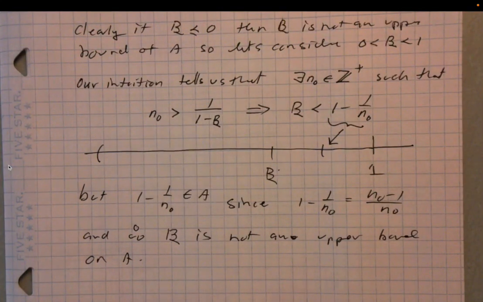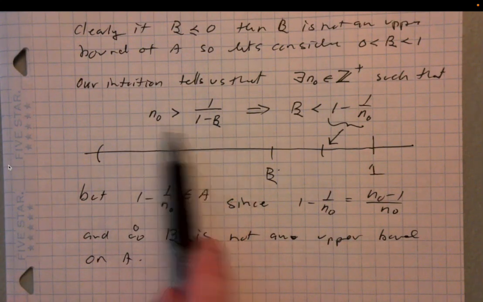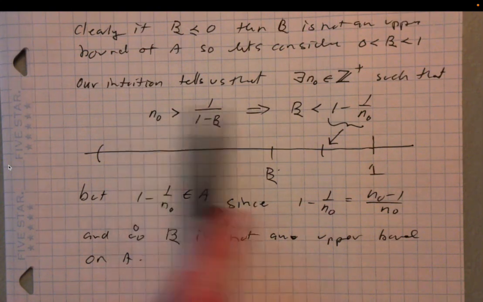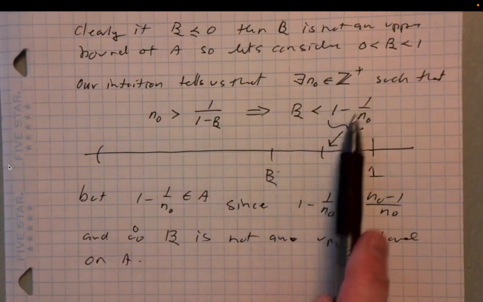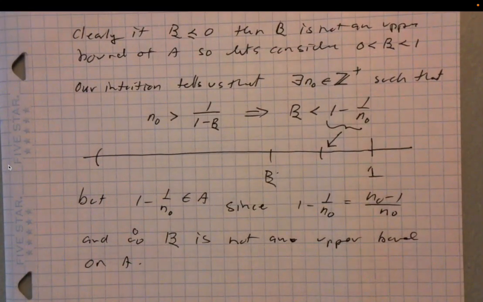I've found an element x that's in my set A that's between beta and 1, and it's generic. No matter what beta is, I can always find another one, right? Whatever beta you give me, I can just find a larger integer, no problem. I can find an integer larger than this and then just do the algebra, and that's my x in A that's between 1 and beta.